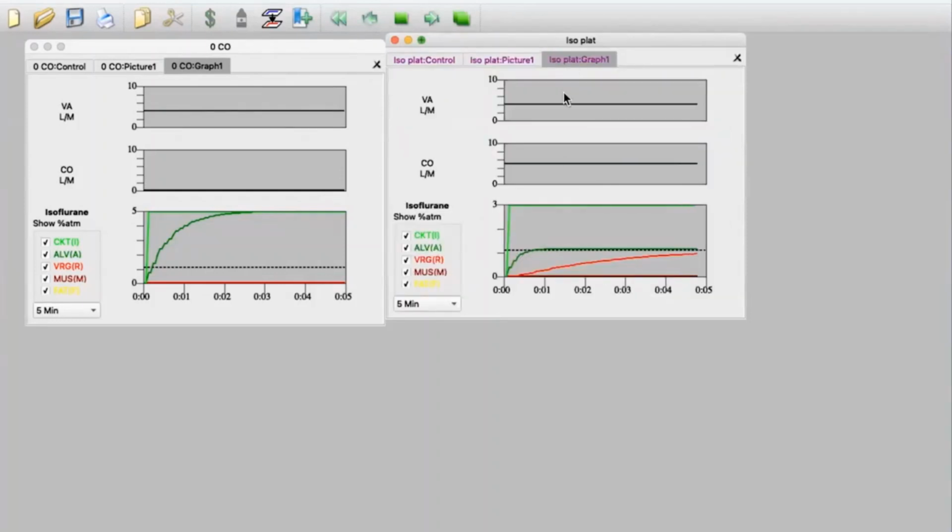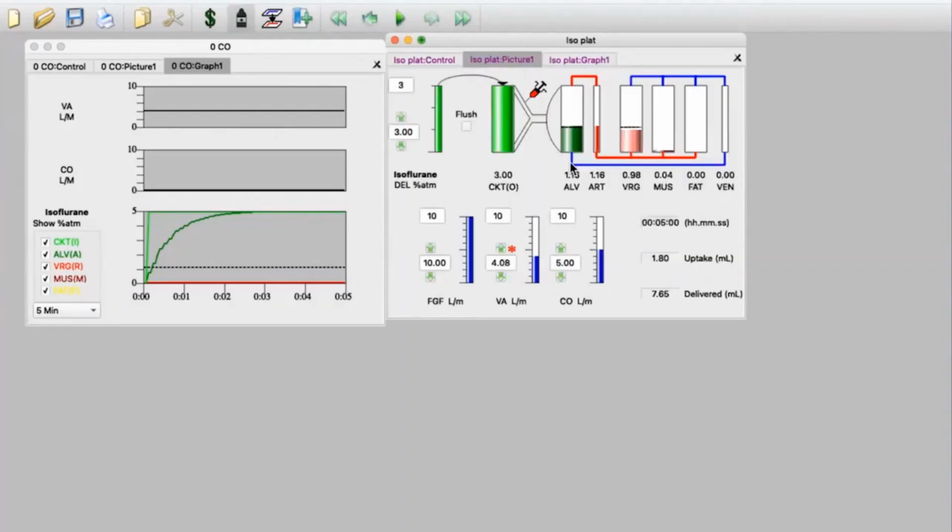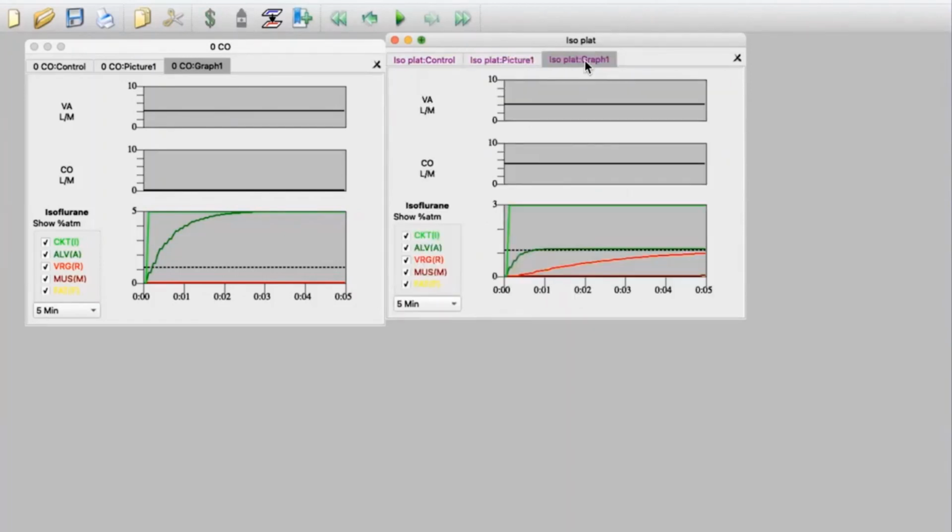If we look at the graph of this, it has risen and failed to rise any further. The reason for that is that we have disabled the venous return from coming back to the patient's lungs, so we can identify what would happen if that weren't there. You'll see why we did that in a moment.